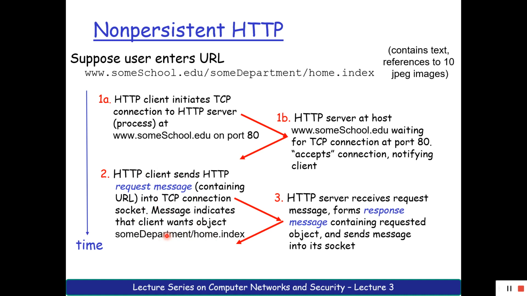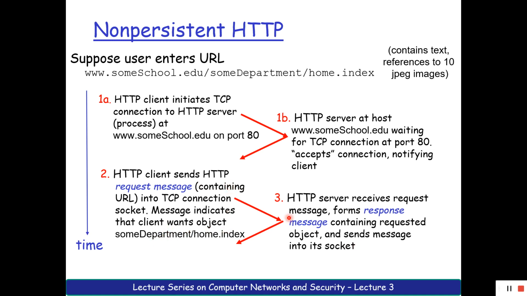Now what is the client going to do? The client is going to send a request message. What is the request message? The request message is a URL. What is the URL? www.someschool.edu/somedepartment/home.index. Now till edu he has done. What is left? Only the path name is left. So he will send that path name to the server.